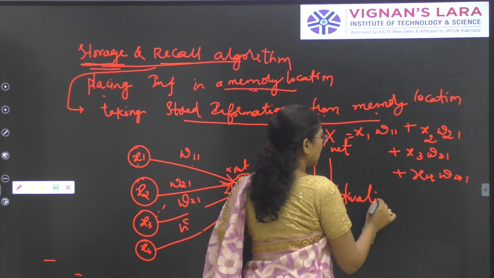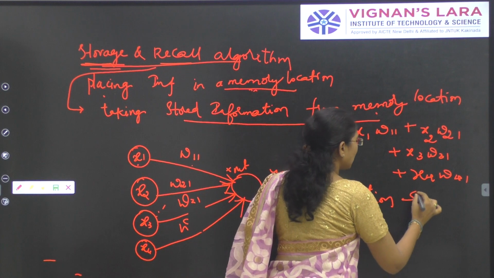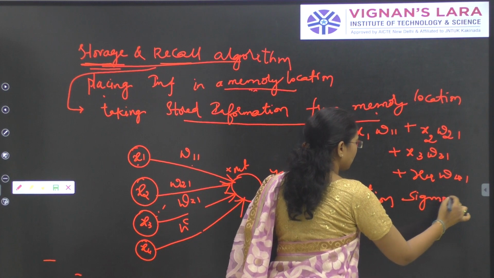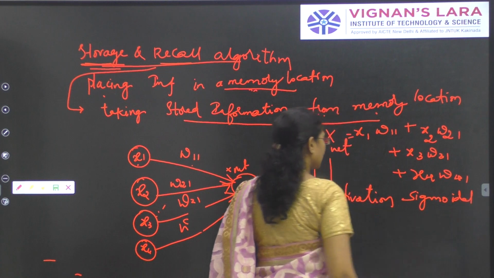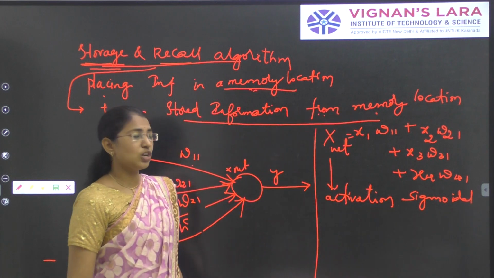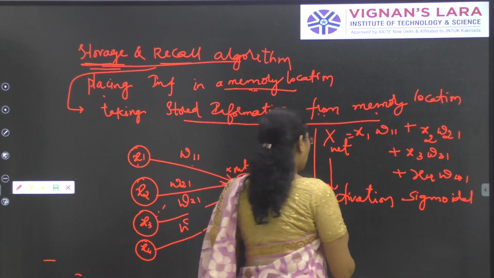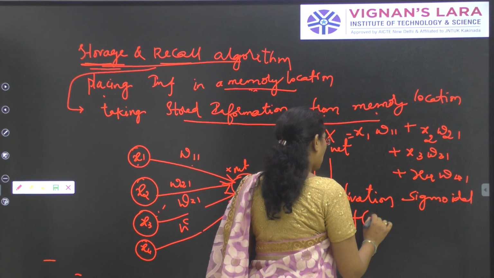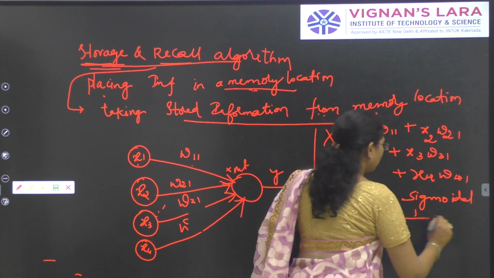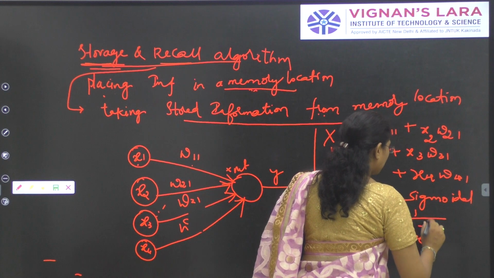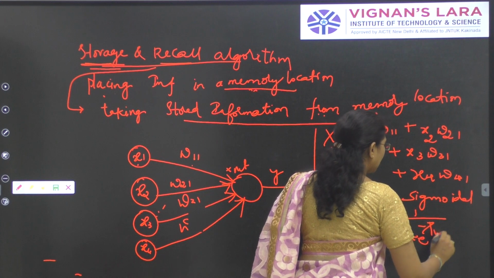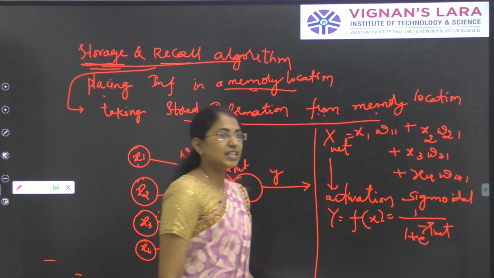Let us consider we are going to use a sigmoidal activation function. What is the function of the sigmoidal function? y is equal to f of x is equal to 1 by 1 plus e power minus x, and here you will substitute xnet.